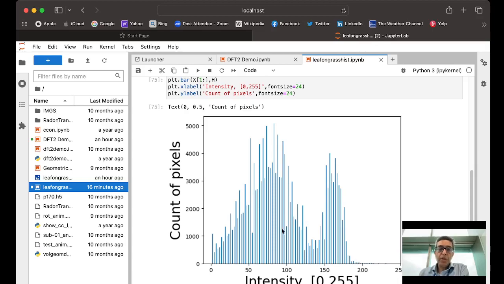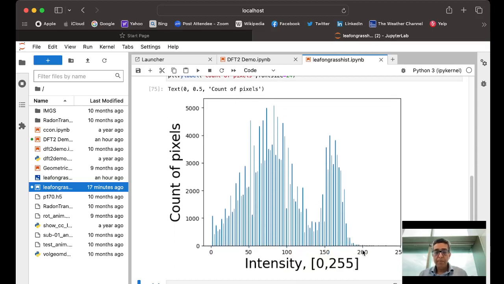So a couple of things. The histogram, this axis here of the histogram, of course, in this case I've used 100 bins to produce this. So if you change the number of bins, you'll get different results. The number of bins in this case is not equal to the number of possible intensity values.